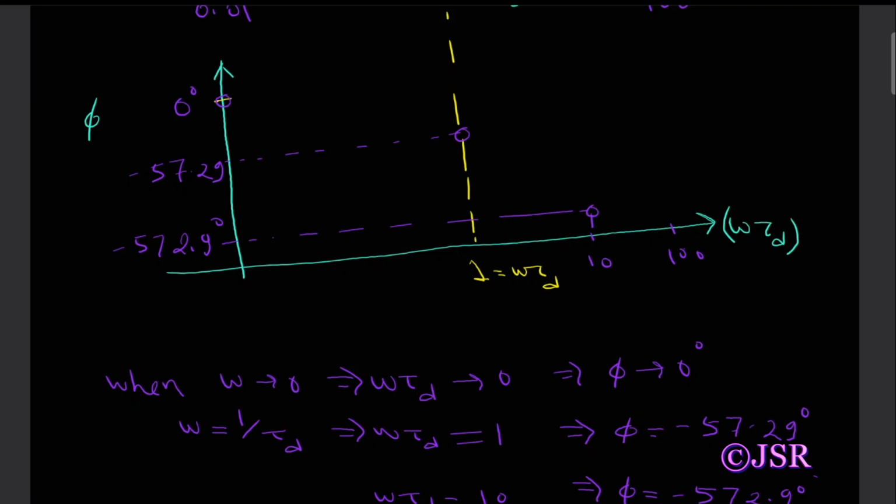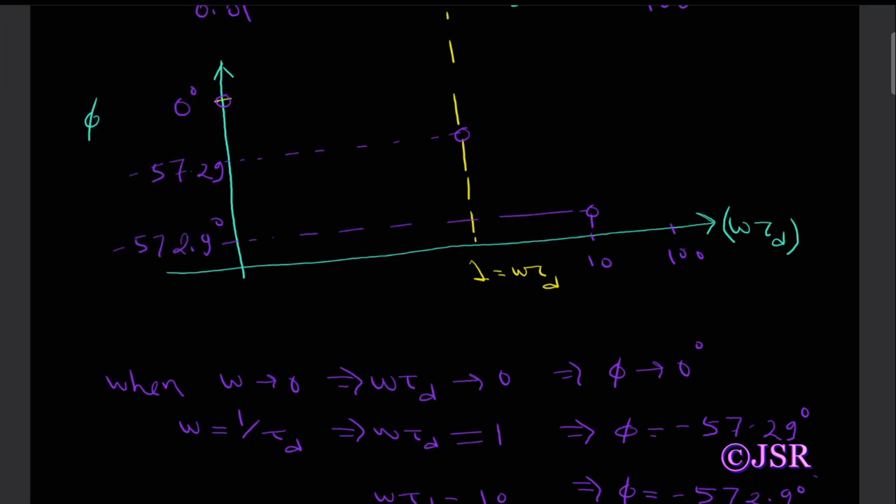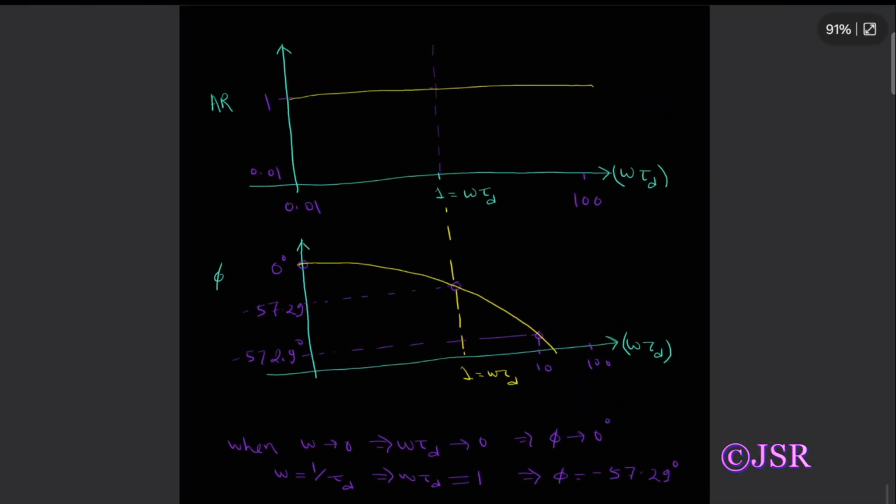Finally we will have the phase diagram like this. So this is the phase diagram for the transportation lag system.